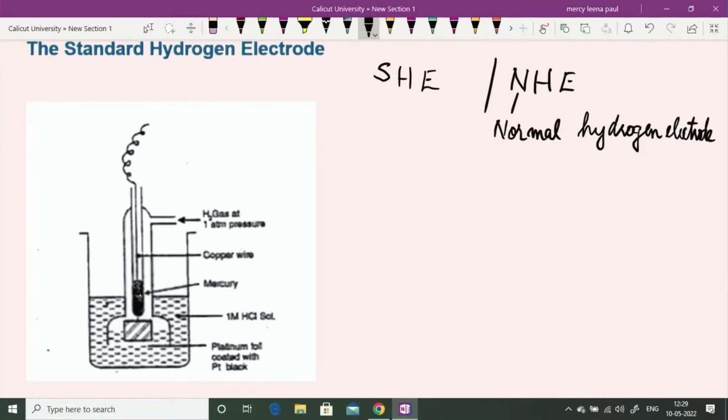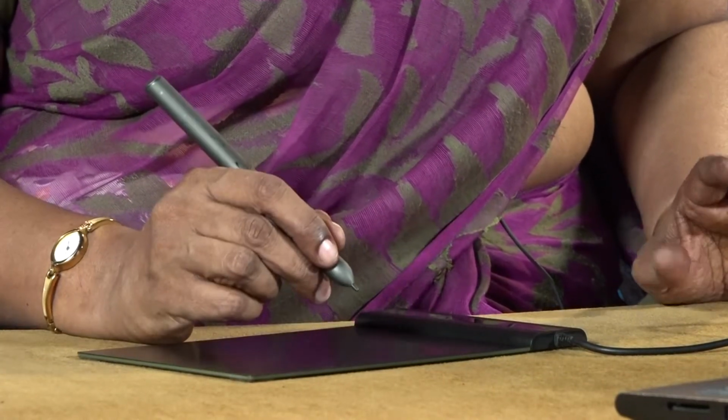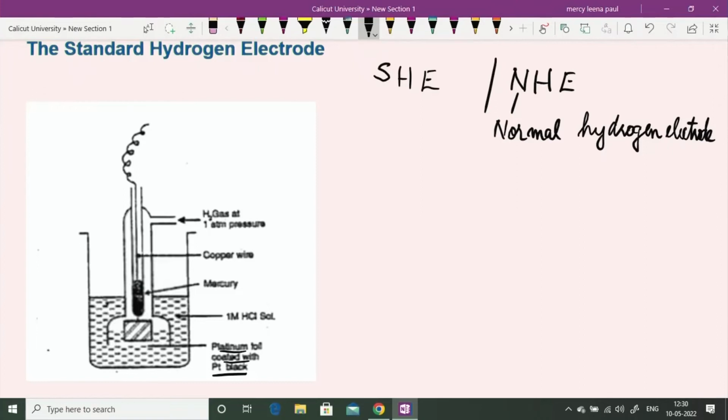The standard hydrogen electrode, as you can see, contains a glass tube which has a wider end at the bottom. You have a wire usually sealed in a glass tube, and at the bottom it is filled with mercury to make very good electrical conductance, and from that you have a platinum foil coated with platinum black, and from here you take the connection to the external circuit.